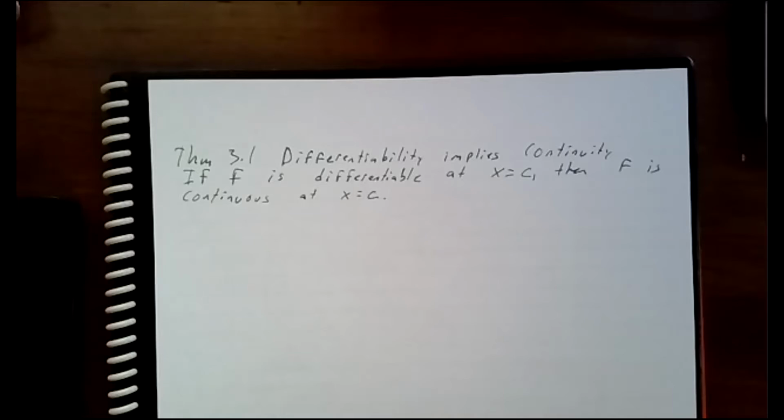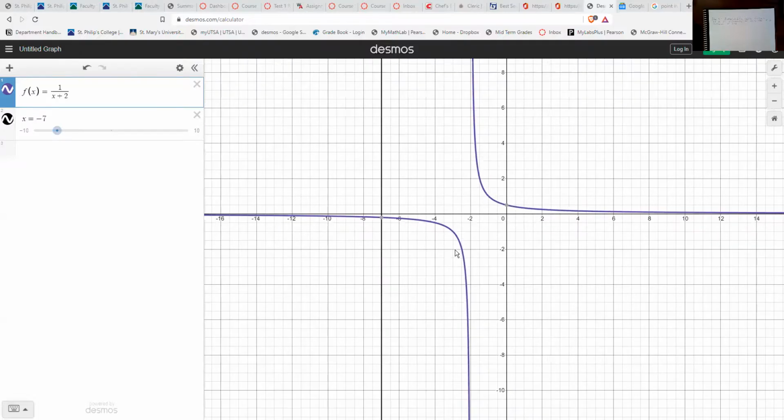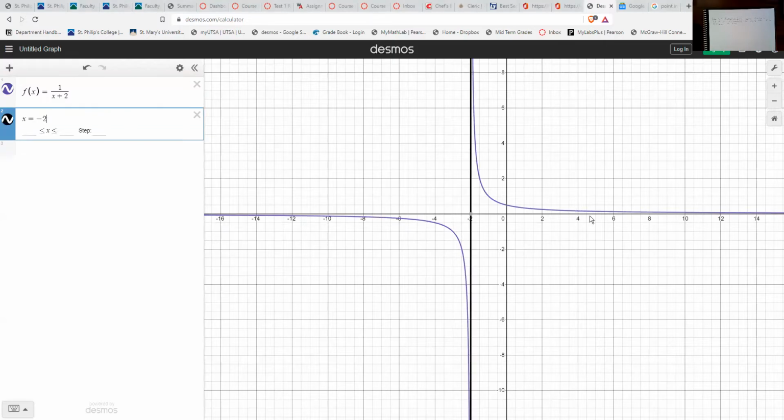From the left, if it was -2, it would equal 0, and from the right, it would equal 1 over 4. So I would think it's anywhere. Yeah, from the right, it shoots off to infinity. From the left, it shoots off to negative infinity. They're not the same. 1 over x plus 2, right? Yes. So the limit does not exist because they are not equal to each other. The right side is infinity and the left side is negative infinity.